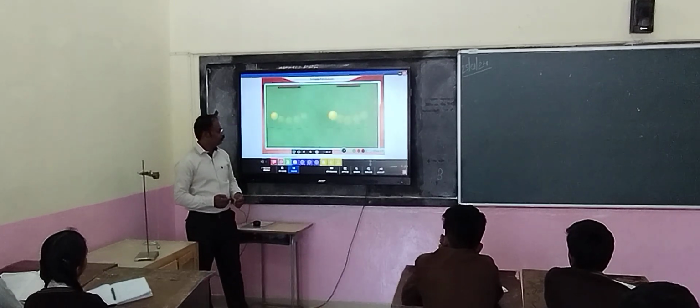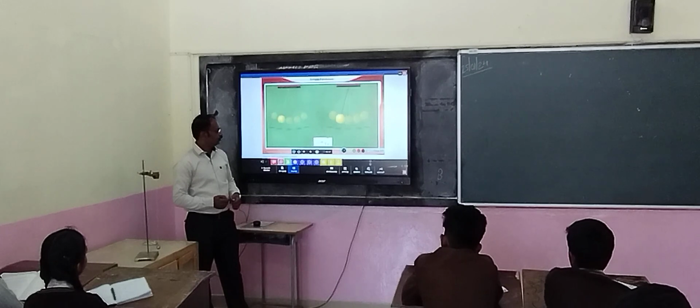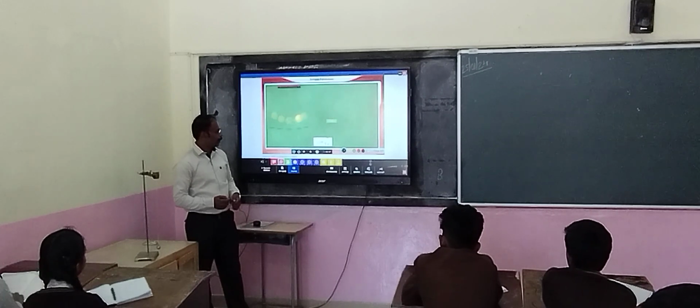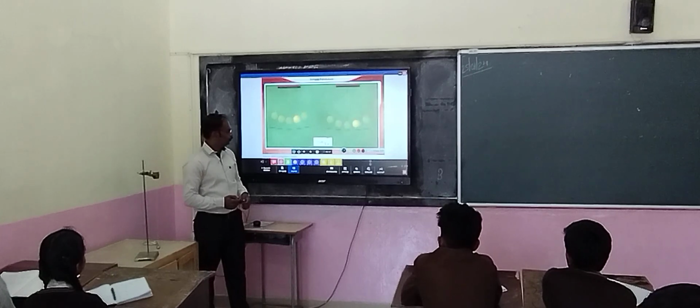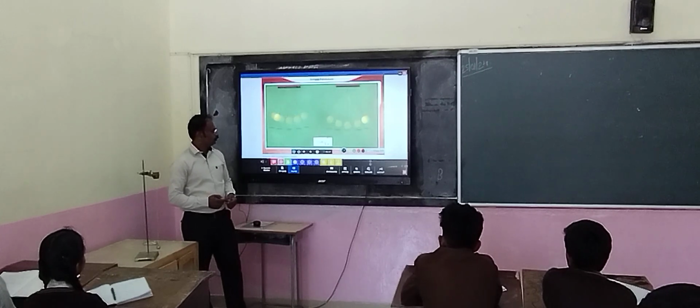Note that the time period of the simple pendulum does not depend on the mass of the ball. It only depends on the length of the string and the acceleration due to gravity.